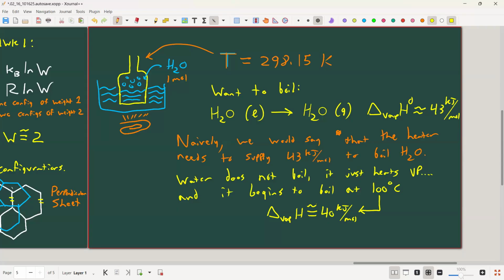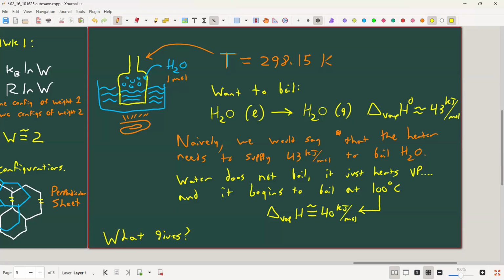We're missing something. There's something special about that 373 point where now the water will actually begin to boil without us even trying. It'll just start boiling. So what gives? It's a very scientific question.